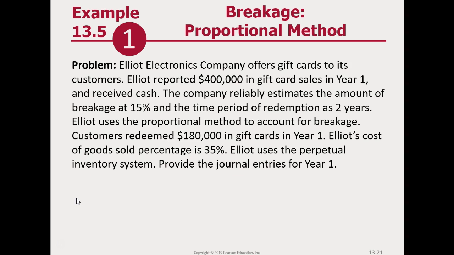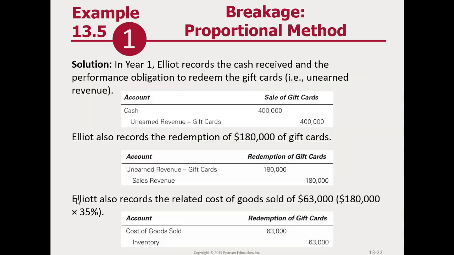They redeemed $180,000 in gift cards in the first year. So we're looking at multiple years here, and what we're going to do is find the amount of breakage in year one that's proportional to the amount redeemed. Okay, it's a little tricky, but once you've got it, you've got it.